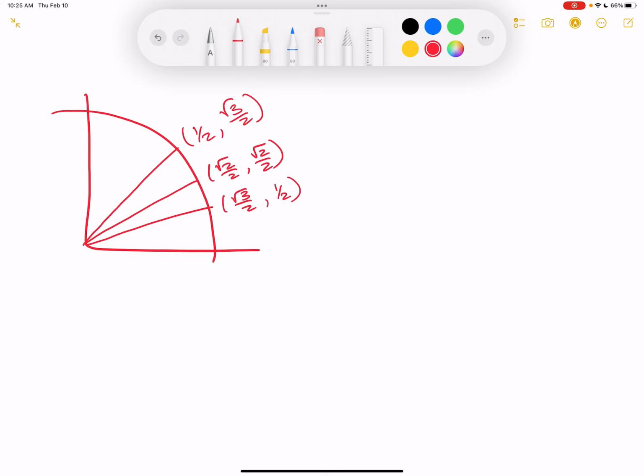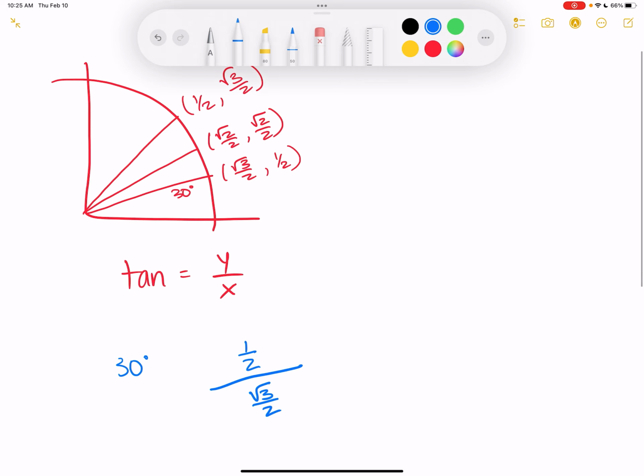So to find my tangent values, all I'm going to do is tangent is equal to y over x. For the 30-degree one, y is 1/2 divided by the square root of 3 over 2. If you divide by a fraction, it's the same as doing what? Multiplying by its inverse, the reciprocal.